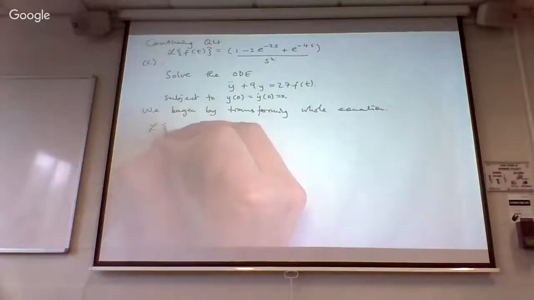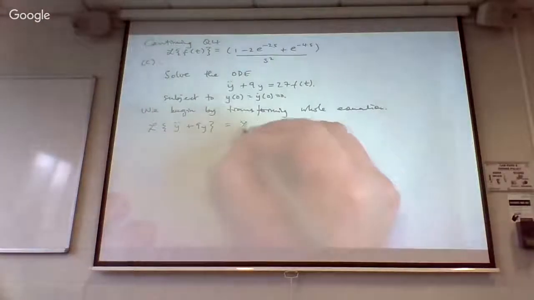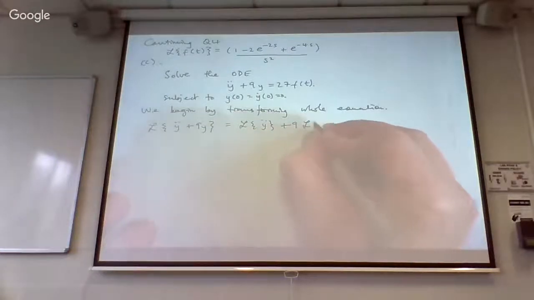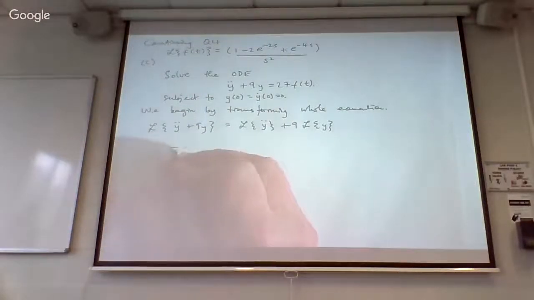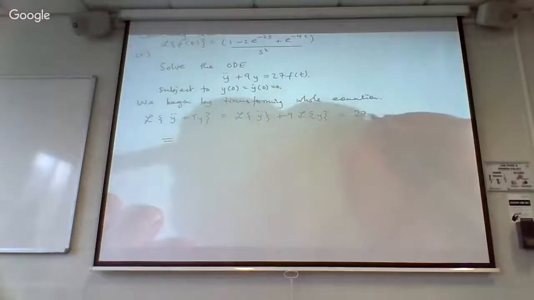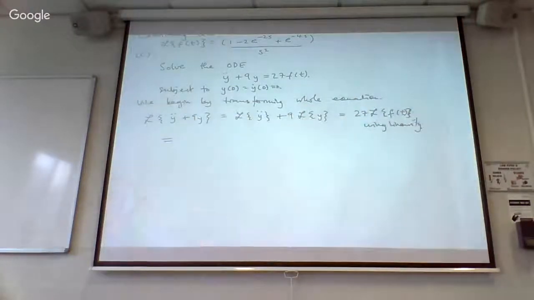So we say the Laplace transform of the left-hand side, which by linearity is the Laplace transform of the individual parts, is going to be equal to 27 times the Laplace transform of f of t. So we're using linearity there, for transforming the left side and right-hand side.